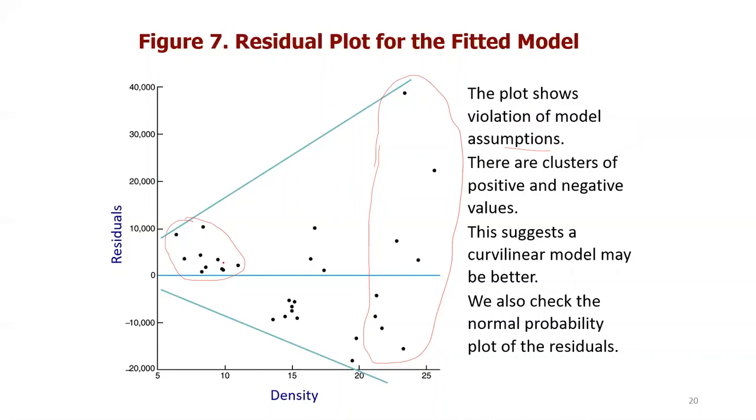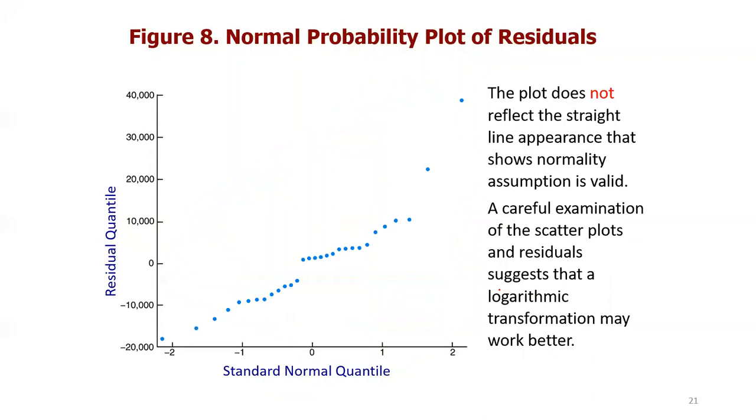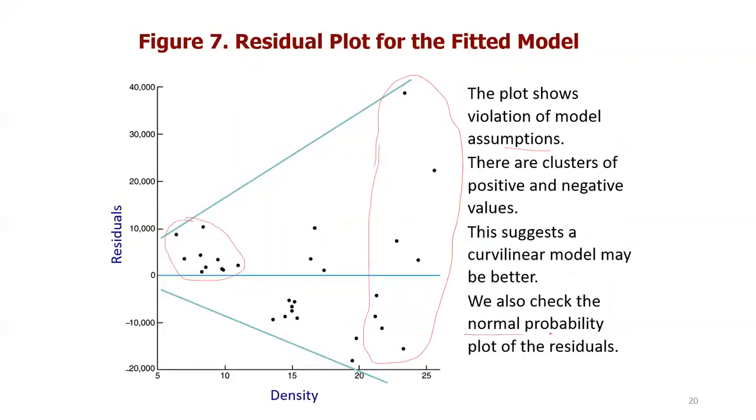What does it mean? You have positive values here, some negative and some positive values here, and here again some positive and negative values. So this suggests that maybe a nonlinear or curvilinear model may be better. The next step, we will also check the normal probability plot. So what's a normal probability plot?